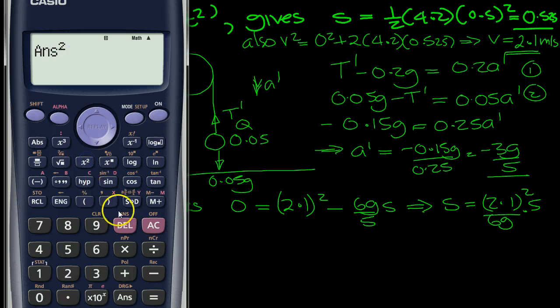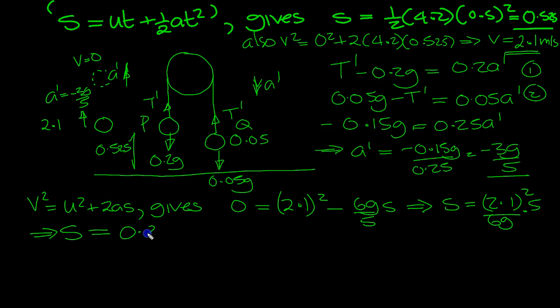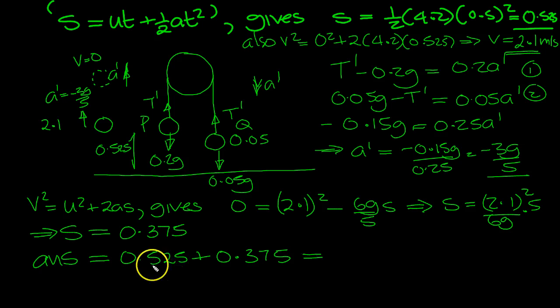So square this number, times by 5, divided by 6, and then divide by g. Type it in the calculator, 3/8, 0.375. So the answer then is equal to, well, this height is 0.525 plus the height that it moved here to the greatest height, 0.375, before it starts moving down, 0.9 of a meter.